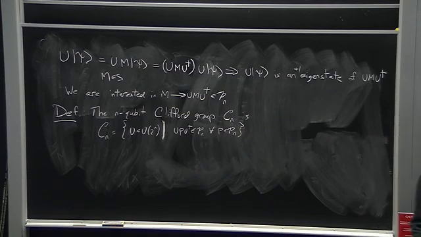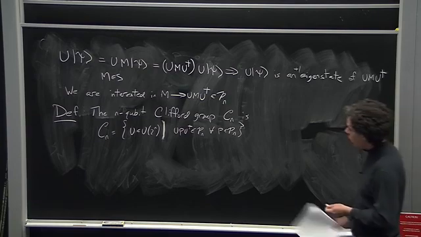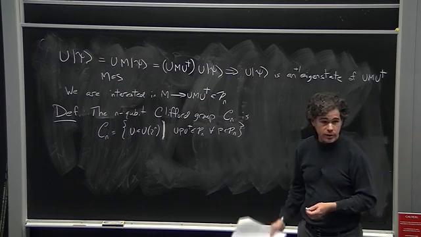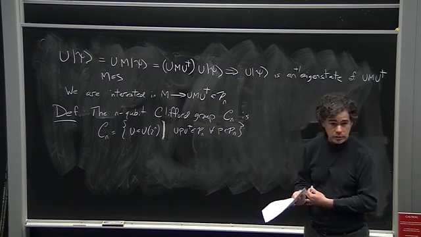Okay? So I'm defining it as a set of unitaries that conjugate the Pauli group into itself. So that's, in group theory notation, the normalizer of the Pauli group in the unitary group. So let's see. I'm just asserting that it's a group, but it's easy to check that.